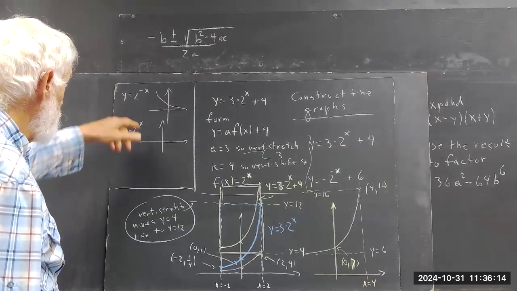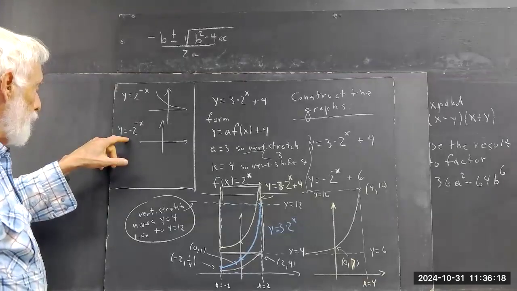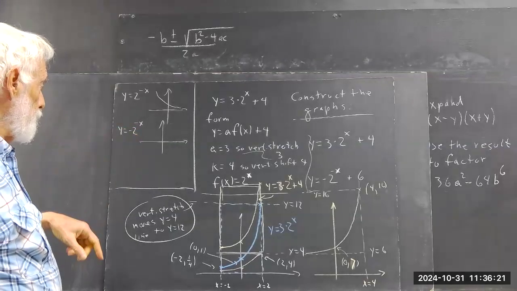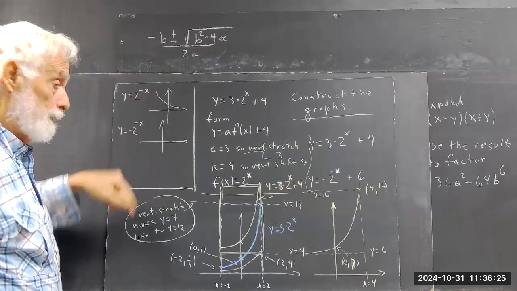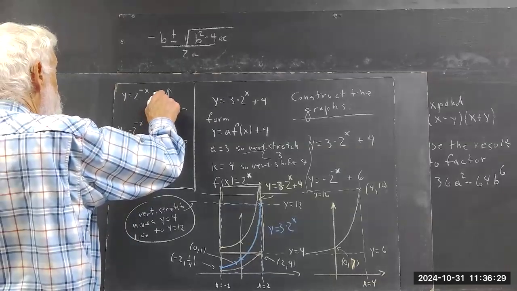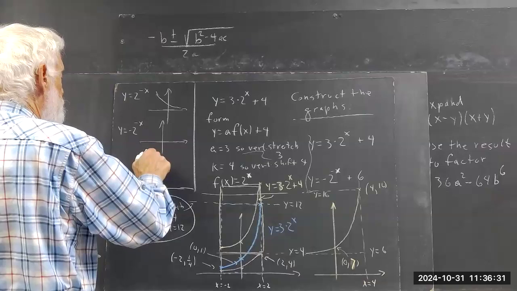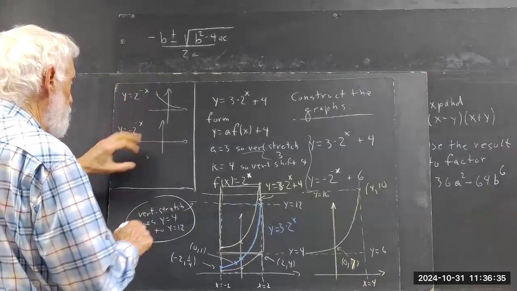Then y equals -2 to the negative x. Well, if you put a negative in front of 2 to the negative x, that takes the y values of this graph and makes them negative. So for example, this point would come down here. The y value would become negative.